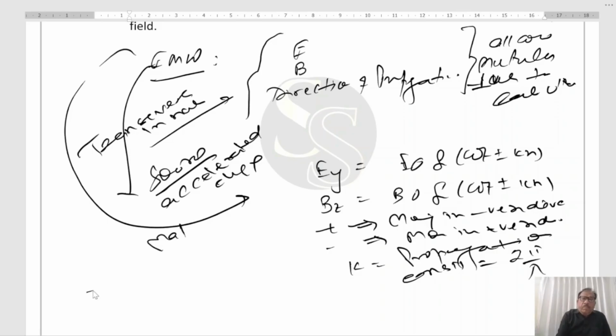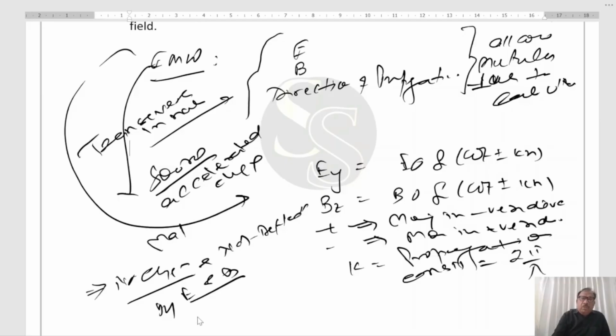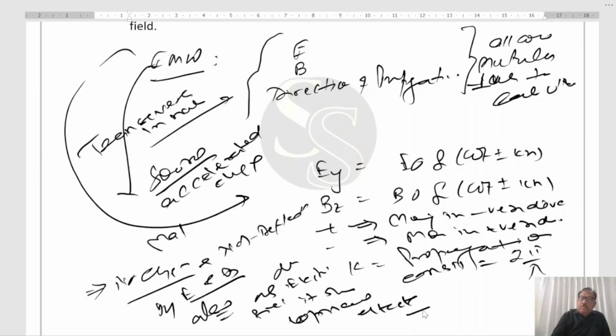Now, in this case, electromagnetic waves have no charge. No charge means they are not deflected by electric and magnetic fields. Also, due to the electric field, they show optical effects, therefore it is known as the light vector.